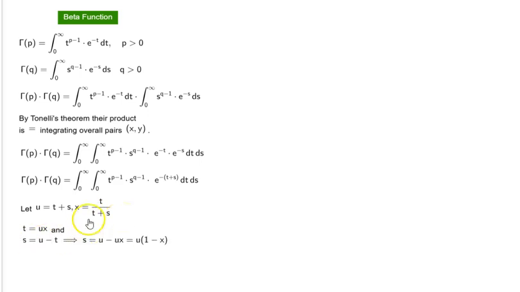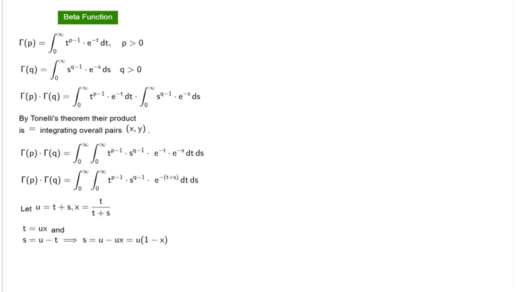So what happens here now? t plus s is u. Take it to the other side, we get ux is equal to t. s is equal to u minus t, but t is ux. So s is equal to u minus ux, which is u times (1 minus x).